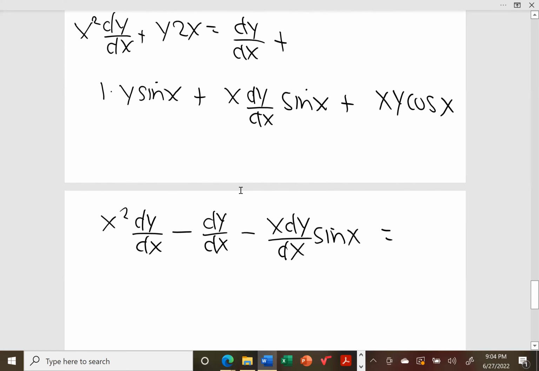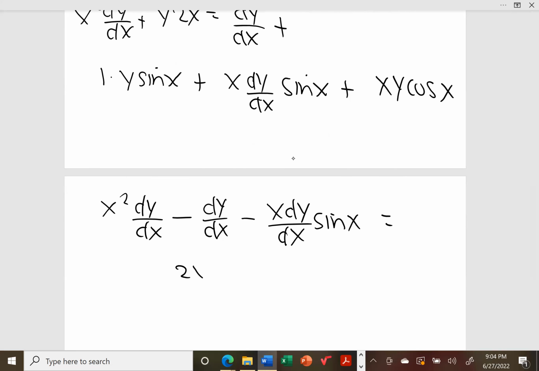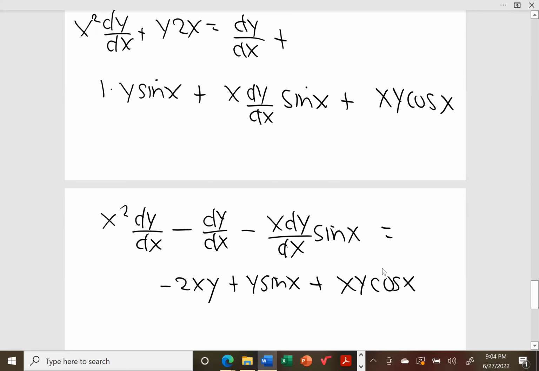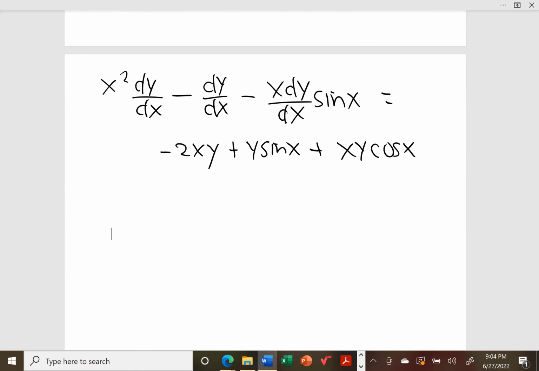And over here on the right-hand side, we'll have this 2xy plus y sine x plus xy cosine x. And so now you can see what we're going to do. We're going to factor out the dy dx from the left-hand side.